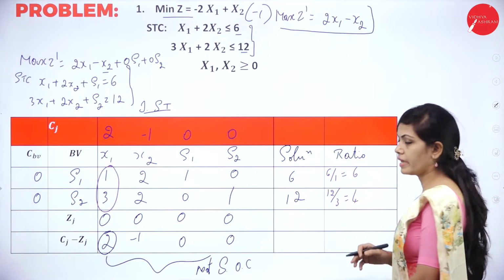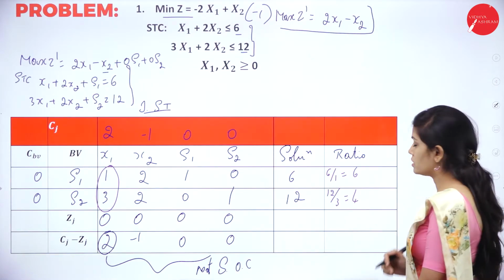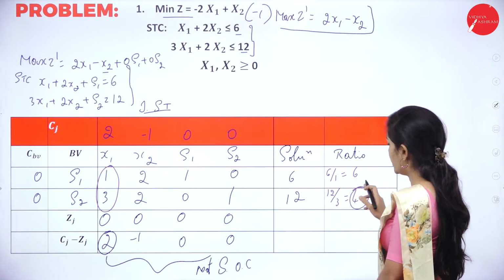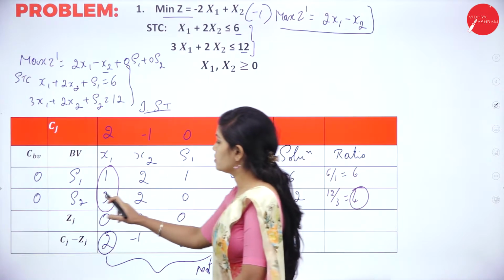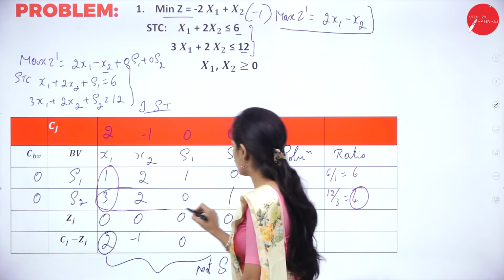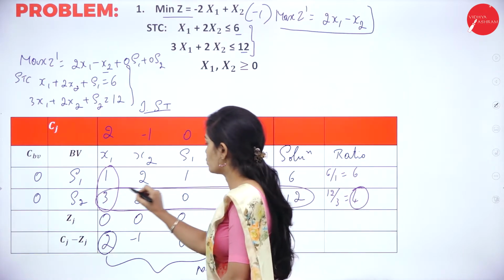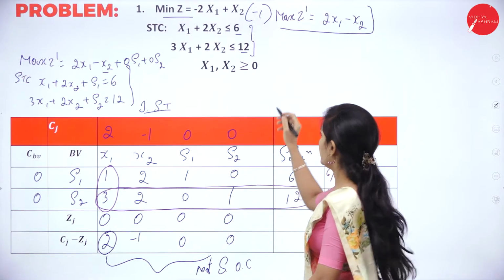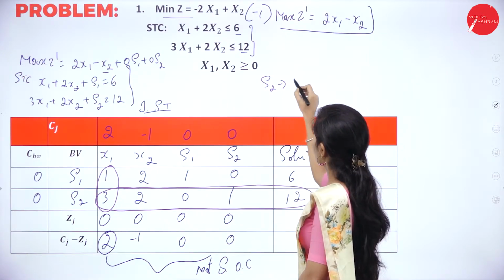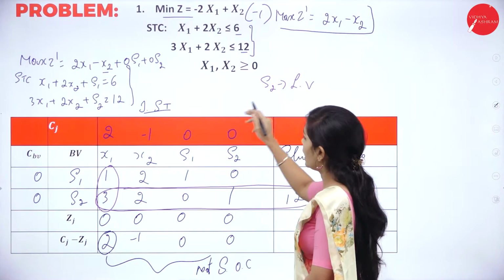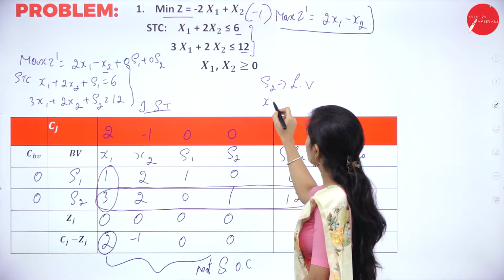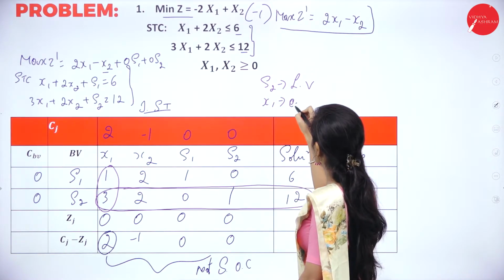Out of this, we select the least positive value, which is 4. It comes under the row S2, so this is my key row. S2 is the leaving variable and x1 is the entering variable.